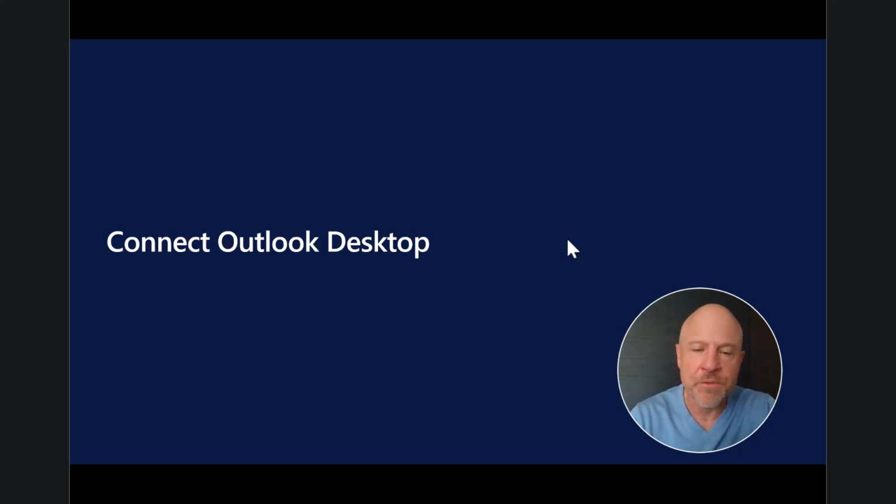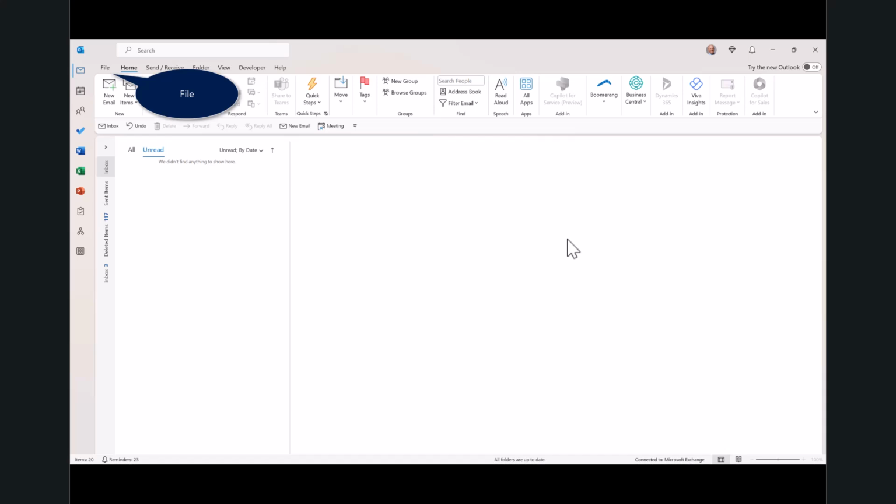Now, I mentioned earlier, Outlook Web Access is fine, but you really get a little more flexibility. And I think most audiences will recognize that obviously they're using the desktop experience of Outlook.